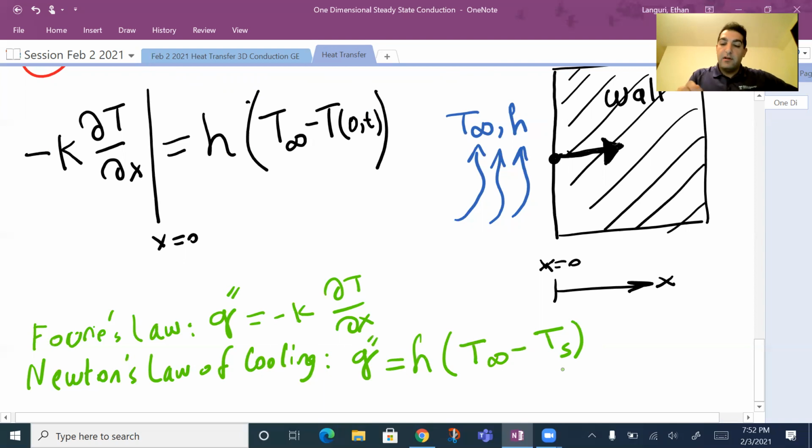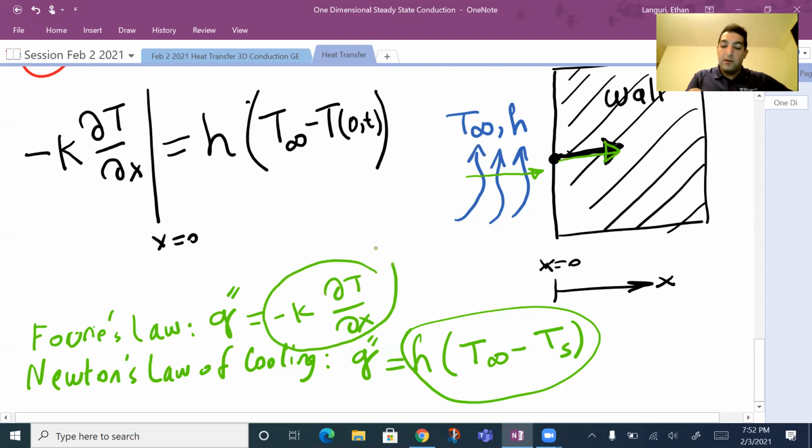So what we are saying here is that whatever heat goes through from the fluid to the wall should be equal to the amount of heat getting into the wall, which we quantified by Newton's law of cooling, and we showed this by Fourier's law.